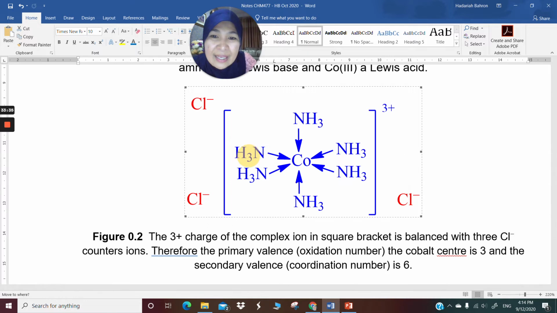N must be directly coordinated to cobalt, even if it means you have to write H3N. It's actually NH3. So see how I'm being very careful to draw the nitrogen directly donating its lone pair of electrons to cobalt, this nitrogen, not the hydrogen.